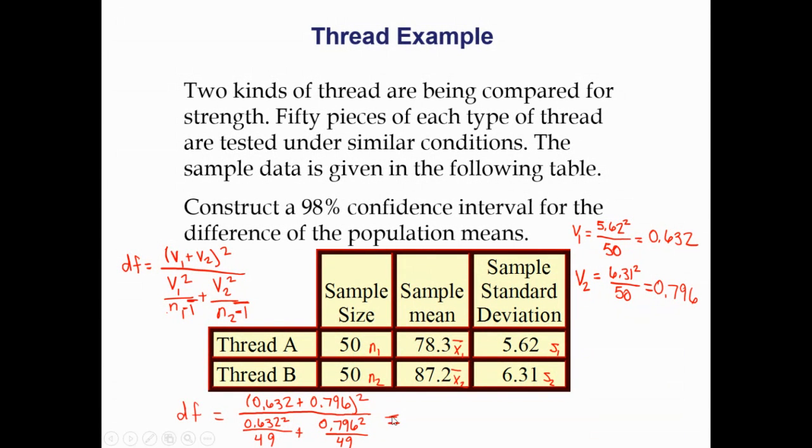What does that get us for degrees of freedom? 0.7. That sounds way small.